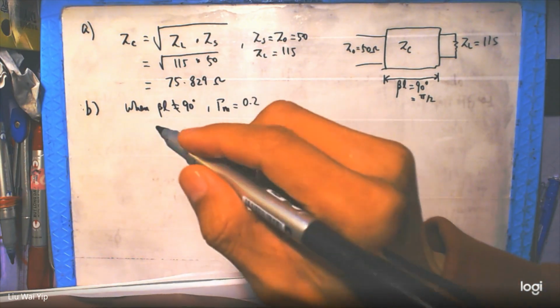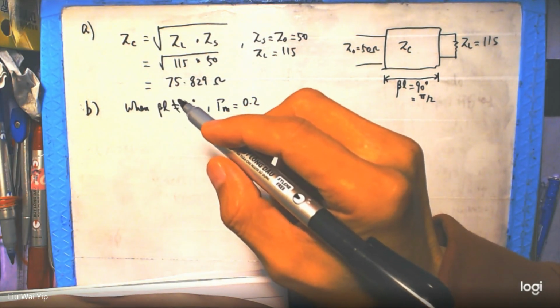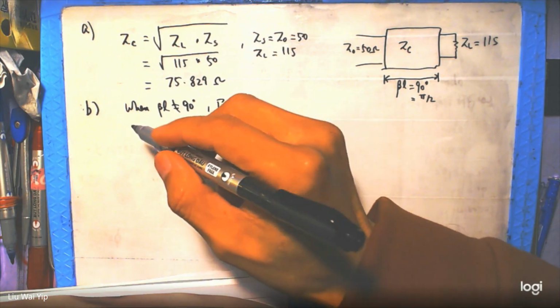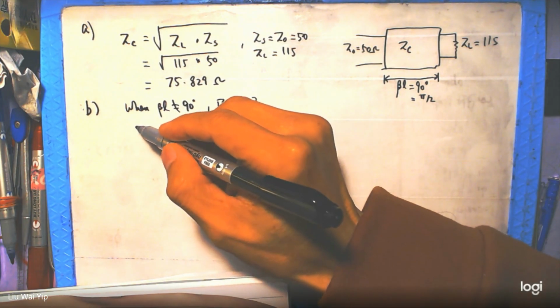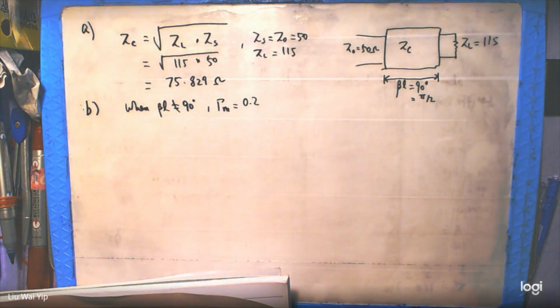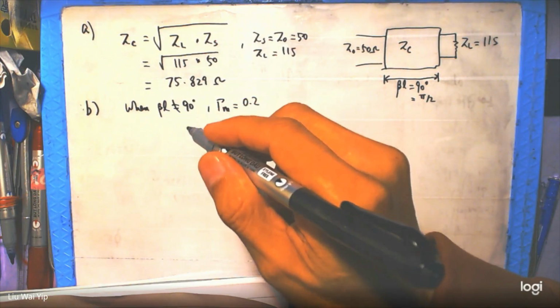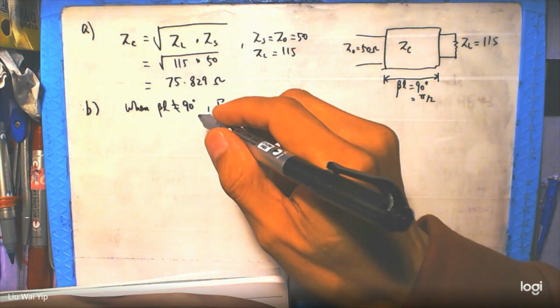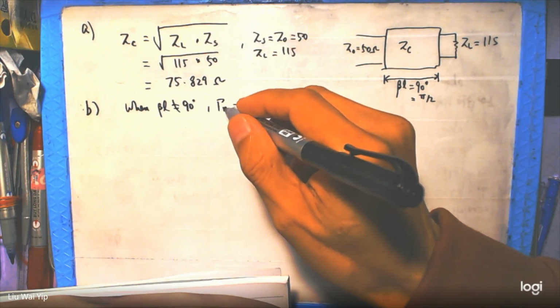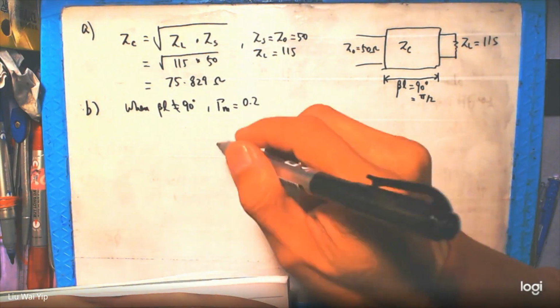Then we can calculate the fractional bandwidth. First of all, we need to calculate the length corresponding to beta m.